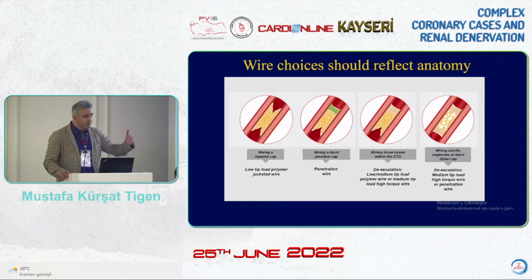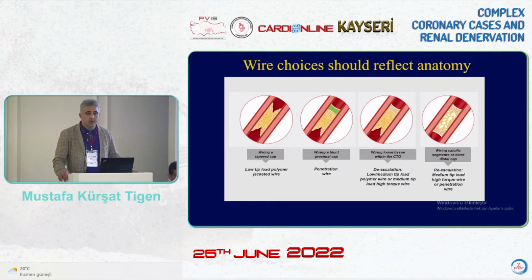If there is a tapered stump, low tip load and polymer jacketed wires can be used. If there is a blunt cap, we need penetration wires, and after progressing in the vessel, escalation may be done to move within the lumen.